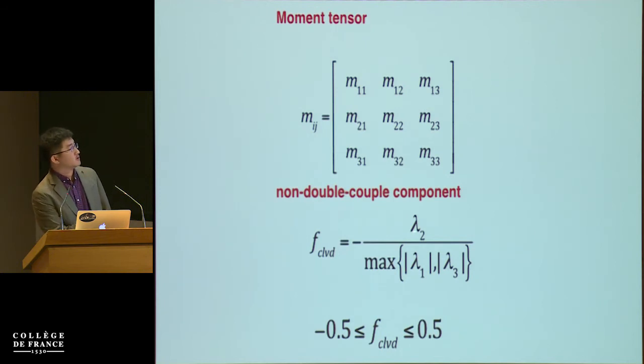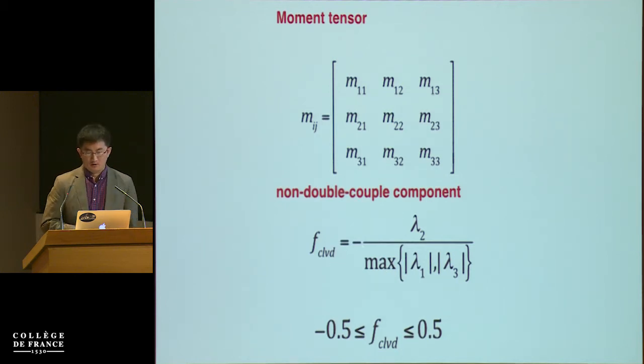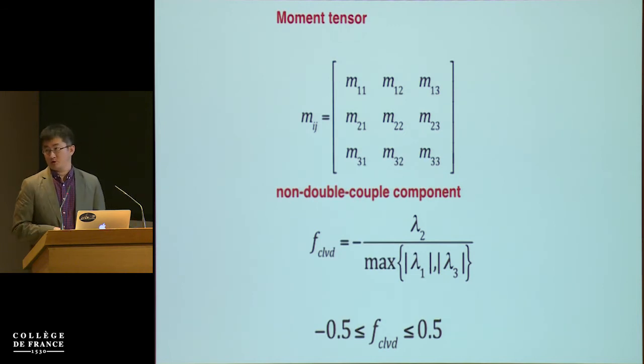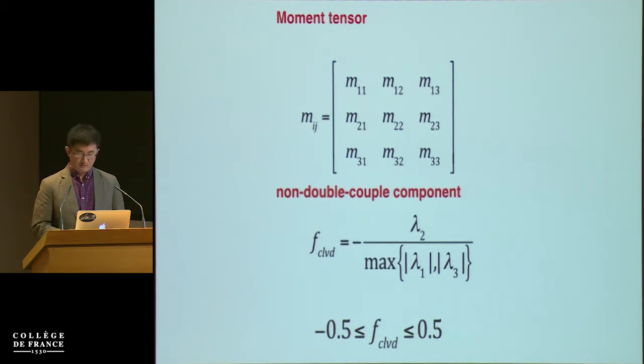You take the ratio of lambda 2 over lambda 1, or lambda 3, the maximum, put the minus sign, and you get a CLVD. We follow Cook and Lay's notation. The range of this CLVD is minus 0.5 to 0.5. If it's 0, it's a double couple.